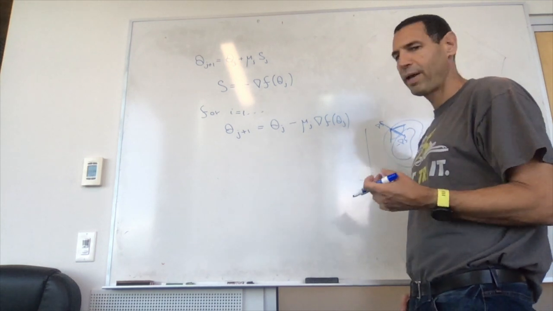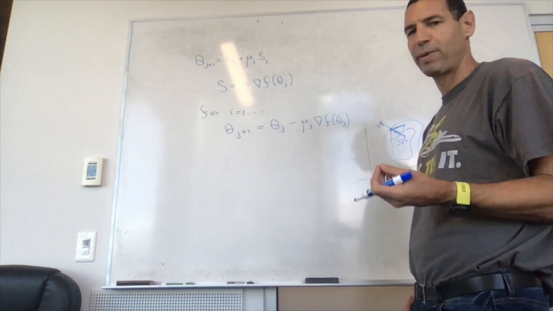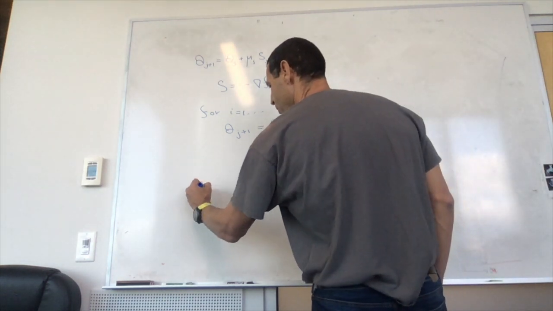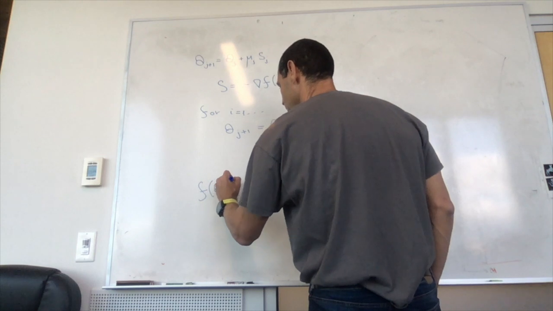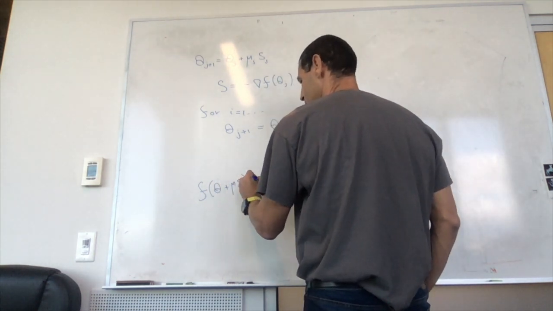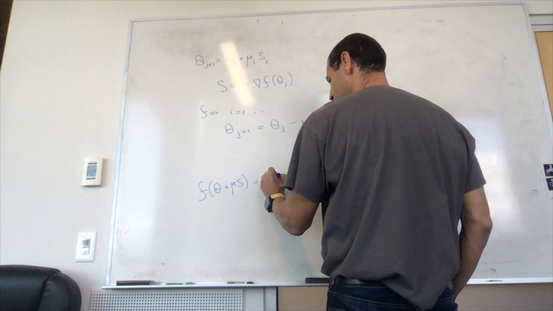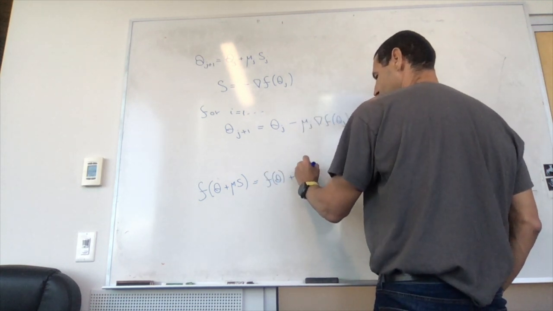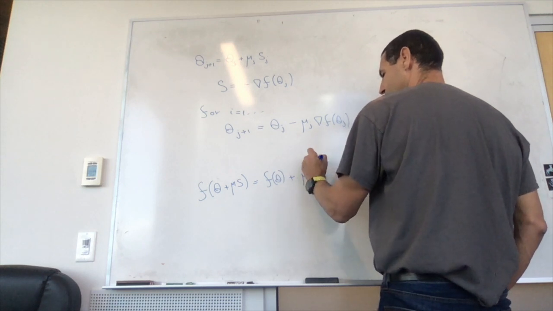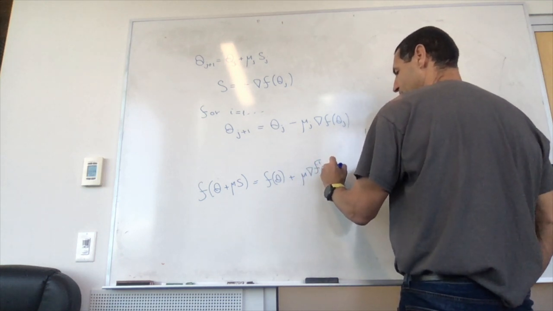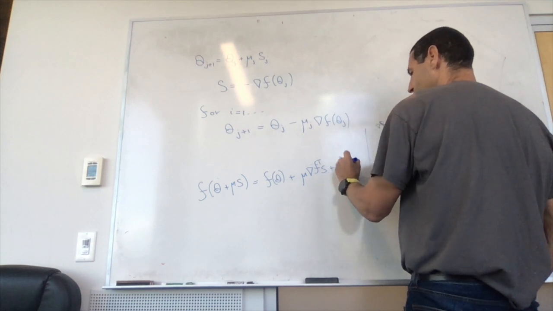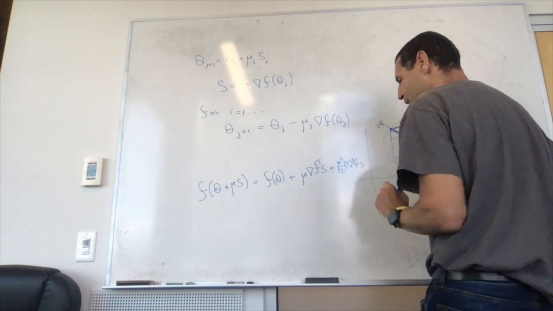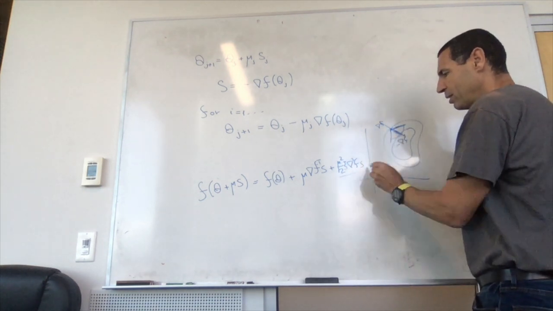Now remember that mu came from the idea that the Taylor expansion really holds. So if I think about the Taylor expansion, once again, it comes from f of theta plus mu s being equal to f of theta plus mu times grad f transpose s plus mu square over 2 times s transpose Hessian of f times s, and actually this is a much more complicated expression, which is not so important here.